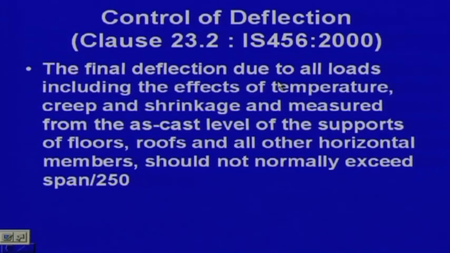So the final deflection due to all loads, including the effects of temperature, creep and shrinkage, measured from the as-cast level of the supports. You can take one benchmark point, the support of one of the floors or roofs, and all other horizontal members should not normally exceed span by 250.